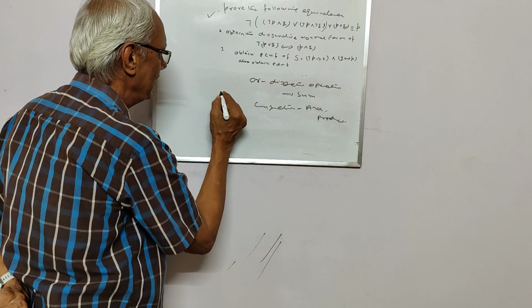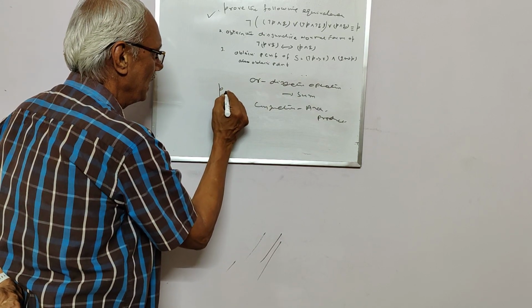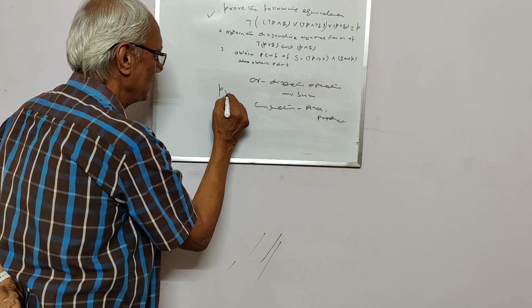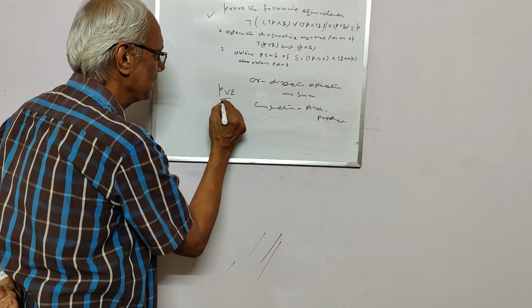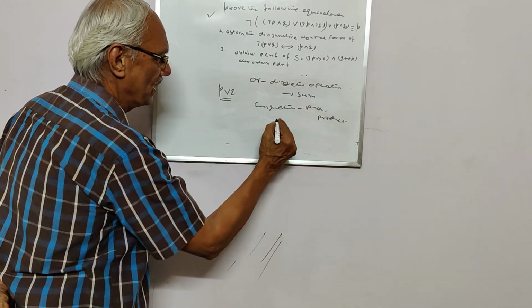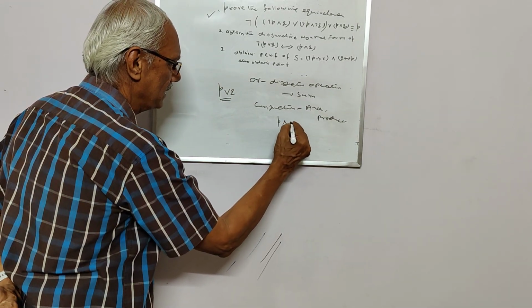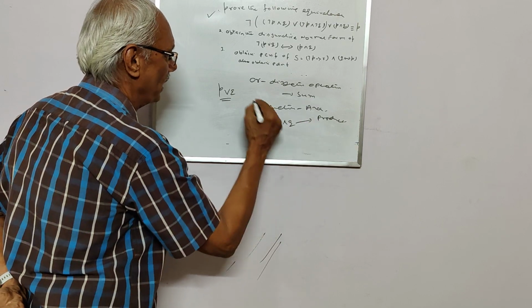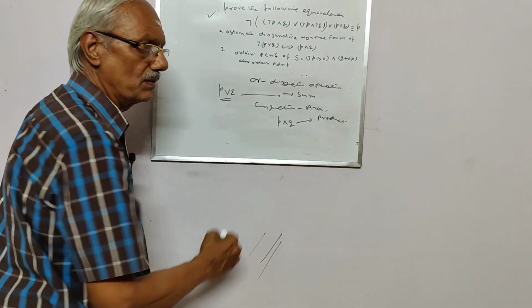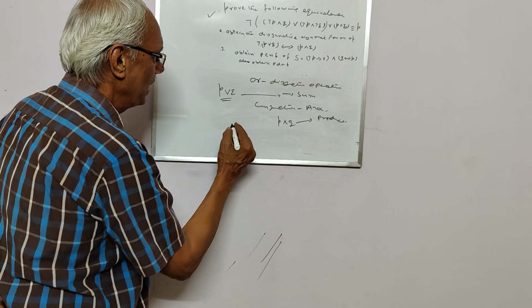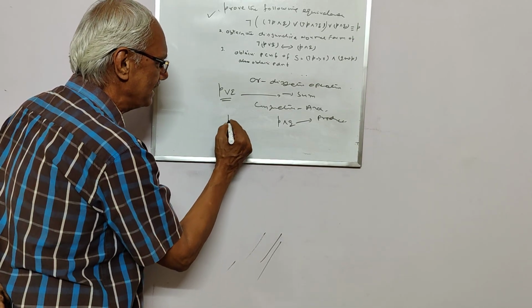What I mean is that P disjunction Q is a sum, whereas P conjunction Q is a product. I will call these elementary.